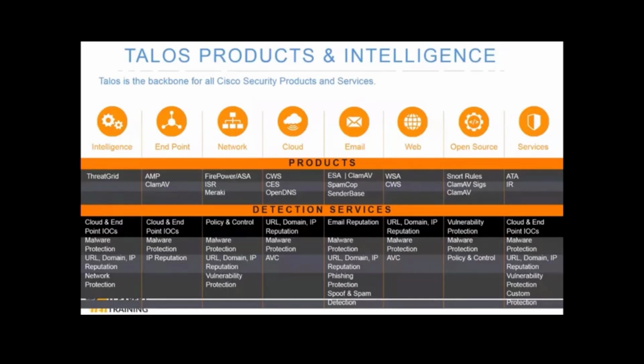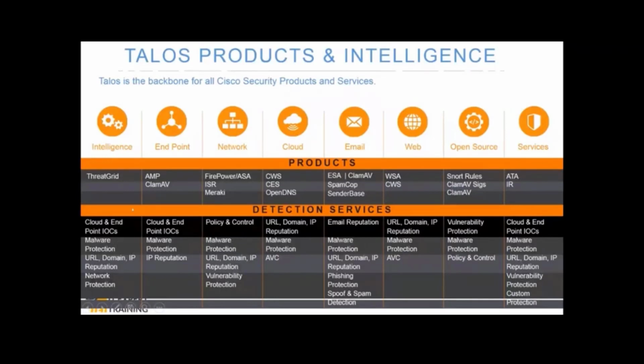It's a 24/7 organization where they keep on receiving the threats and all the security related information, and they are researching.